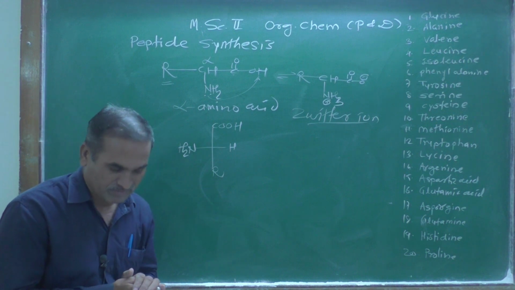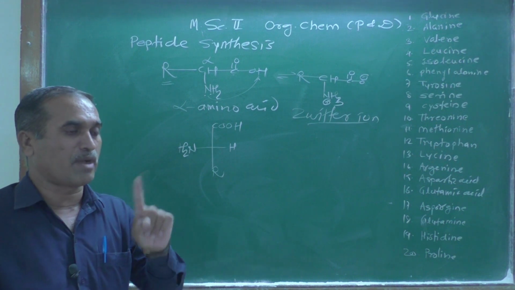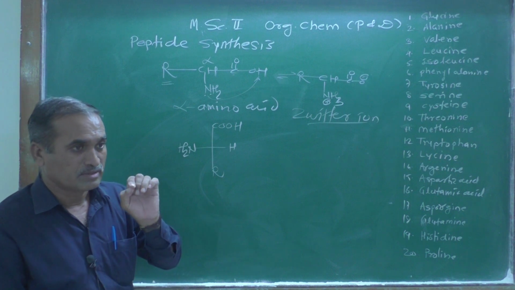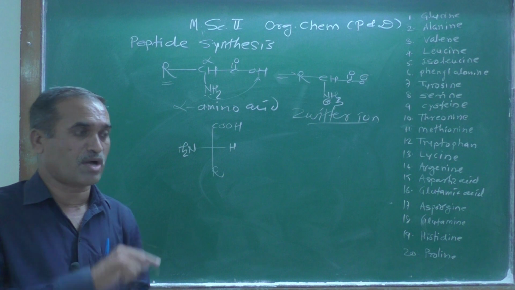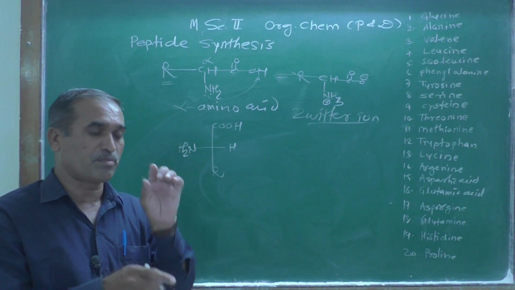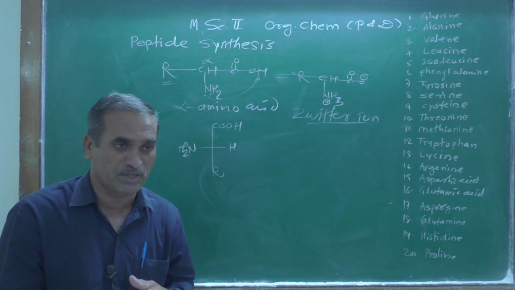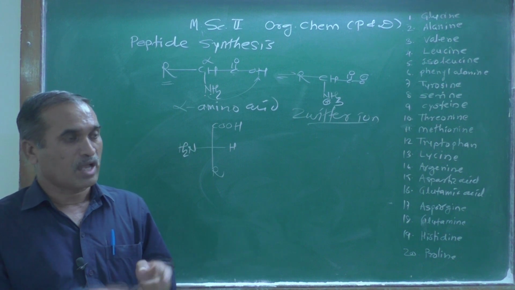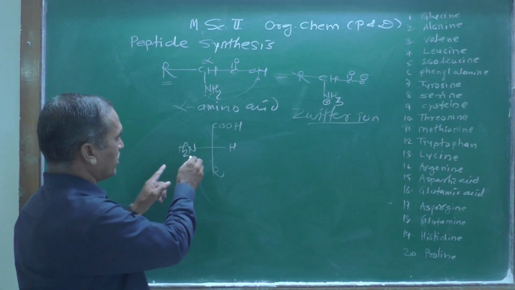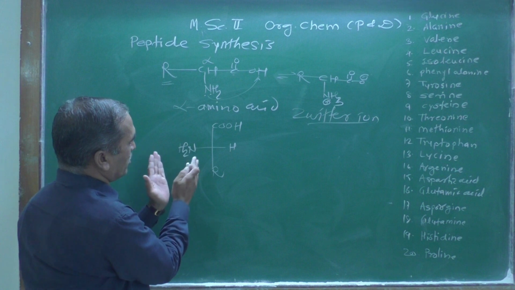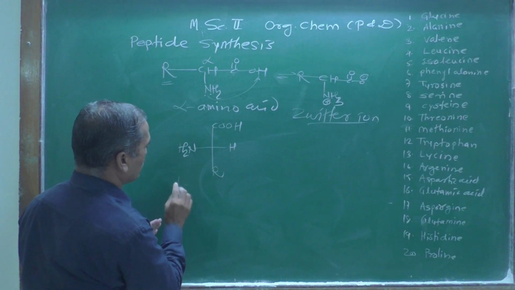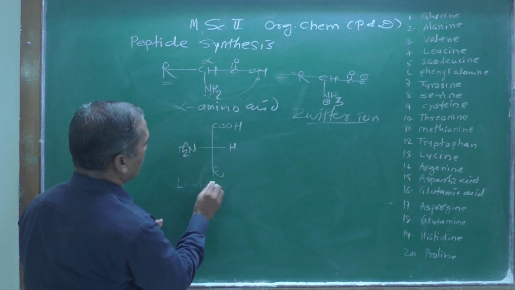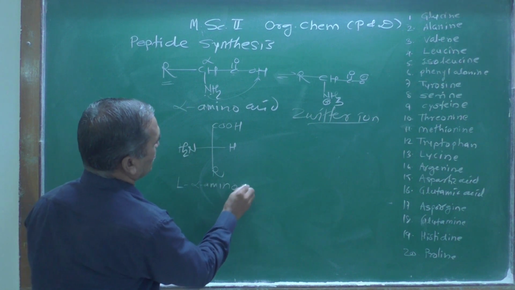Now remember, all naturally occurring amino acids are L configuration, meaning they have an S configuration. R and S configurations are the absolute configuration, and for that, look here, this H2N is present on the left hand side, and therefore it is known as an L alpha amino acid.